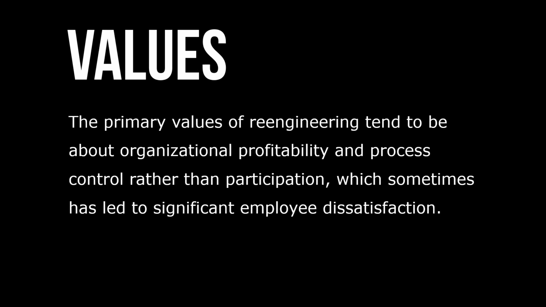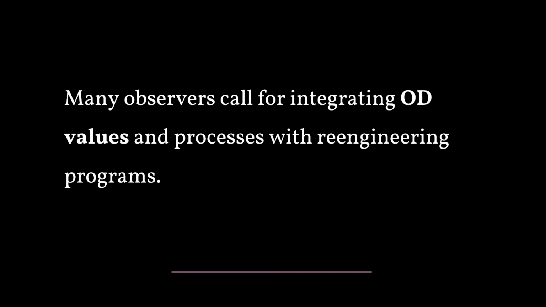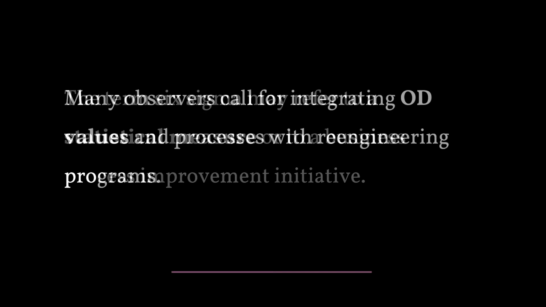The primary values of re-engineering tend to be about organizational profitability and process control rather than participation, which sometimes has led to significant employee dissatisfaction. Many observers call for integrating OD values and processes with re-engineering programs.